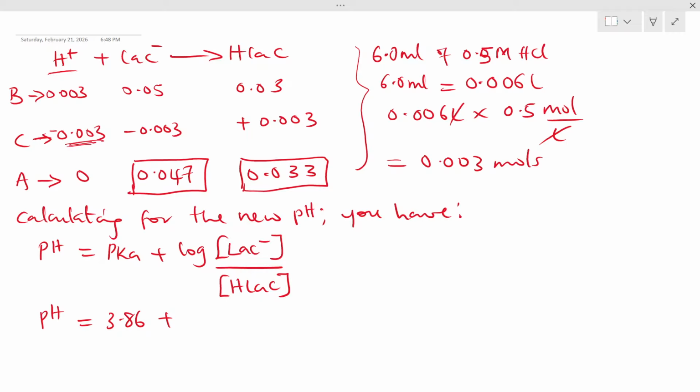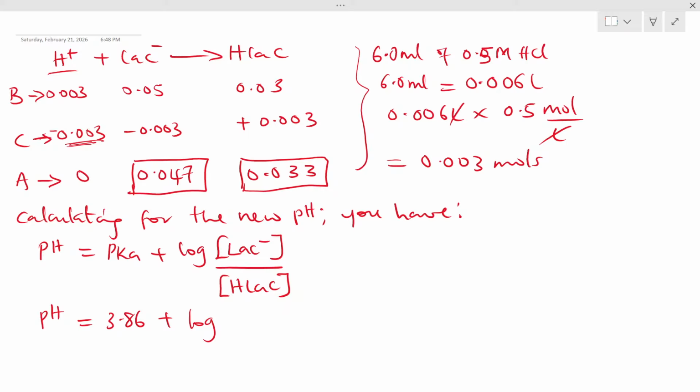In this case, your lactate right here is 0.0747 over your HLac, which is 0.033, all in moles. So actually we already have that as a concentration, so this concentration sign will go off.